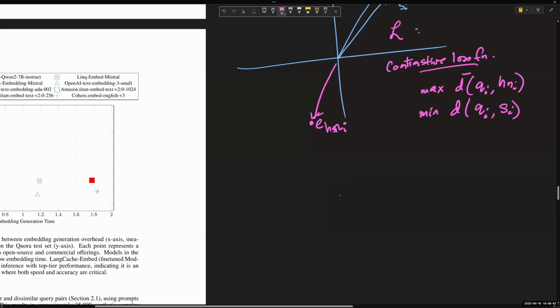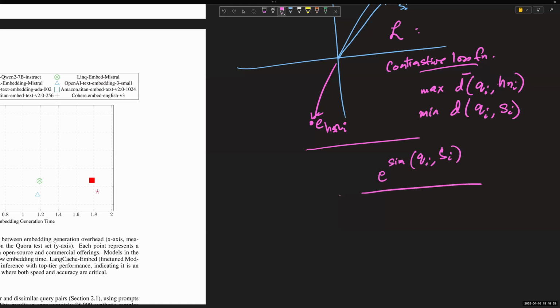What it says is that you can take e to the similarity between qi and similar I, and then this is the summation of e to the similarity between qi, hard negative I, right?